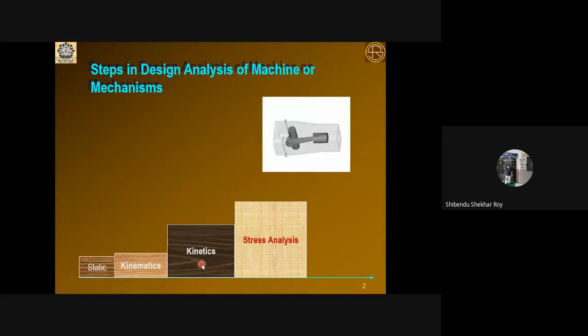Through internal effect analysis, you have to find out the stress, deflection, twist. This internal resistance or internal effect has to be quantified by parameters like stress, deflection, strain, and angle of twist.